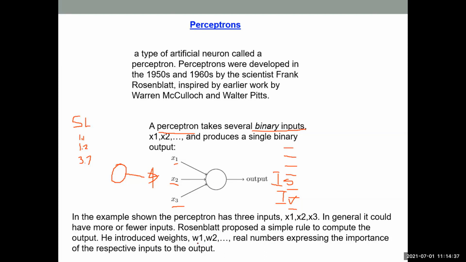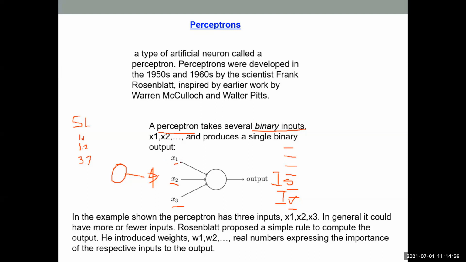So he introduced weights, w1, w2, these are numbers expressing the importance of the particular input. Like, this is sepal length. Well, no, they're supposed to have binary inputs, but anyway, let's suppose this was sepal length, sepal width, petal length, and so on.